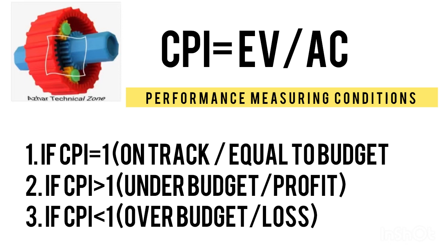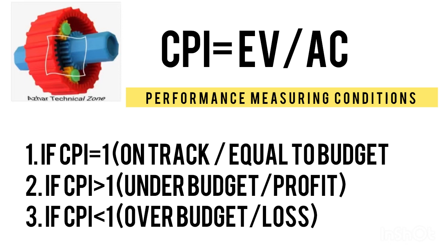It means the amount which we have spent for the project is 100,000, and the amount which we have claimed and received from the client is also 100,000. It means neither are we in profit nor loss. We can say we are at the break even point. As we all know, break even point is nothing but no profit, no loss.